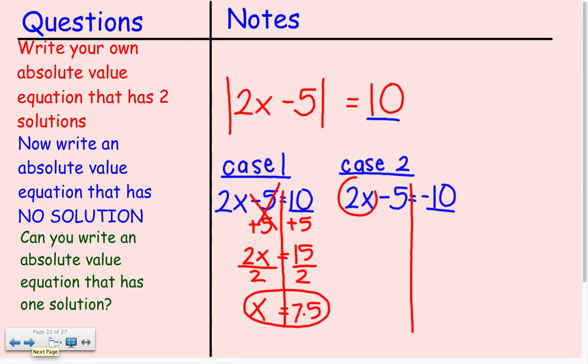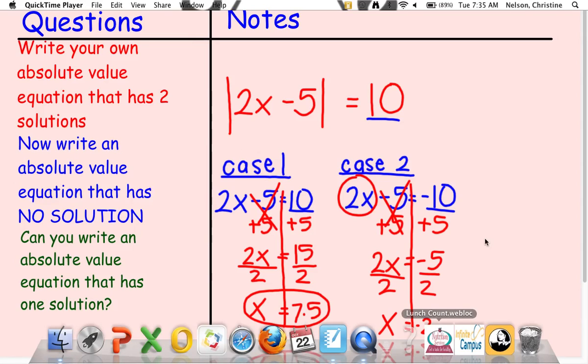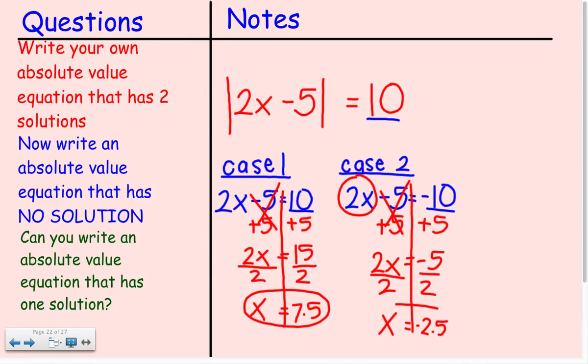Couple is 2x, get rid of my third wheel, so add 5 to both sides. 2x equals negative 5. Break up my couple, and I'm left with x equals negative 2.5. So there is my solution.